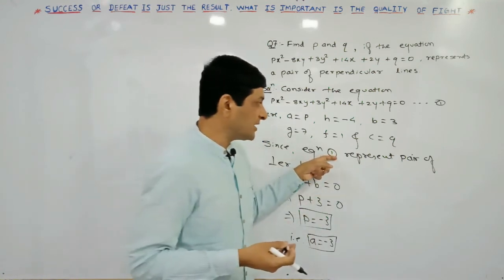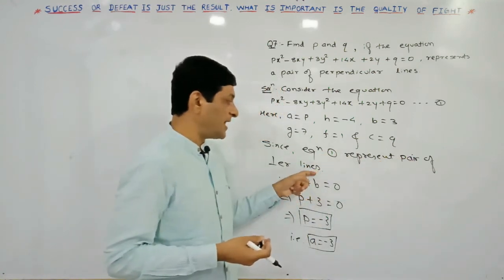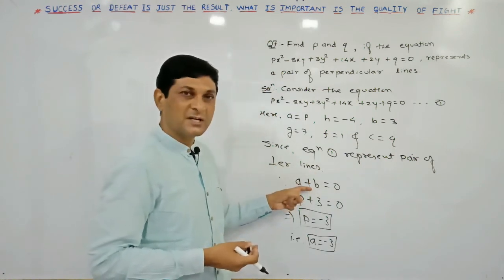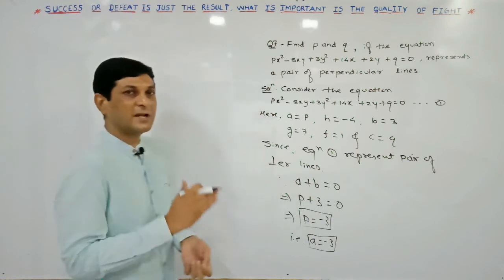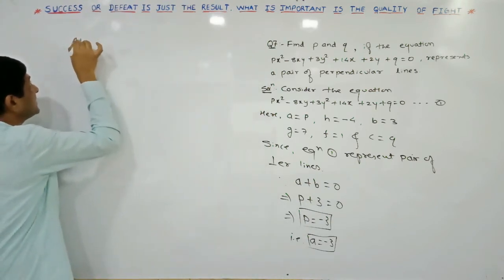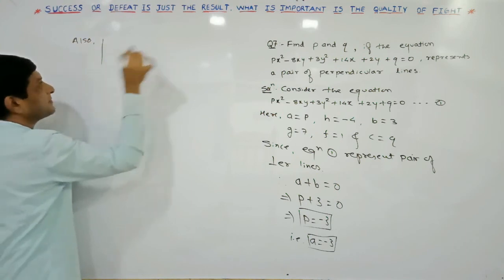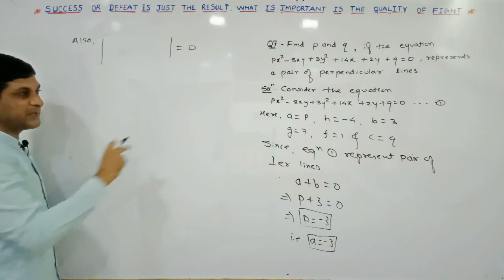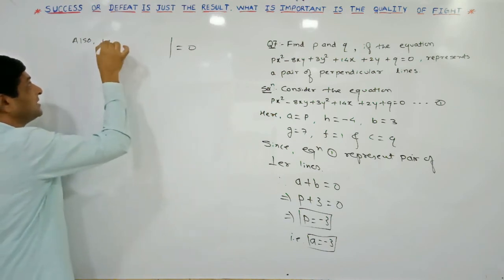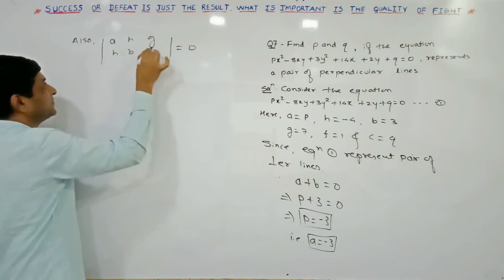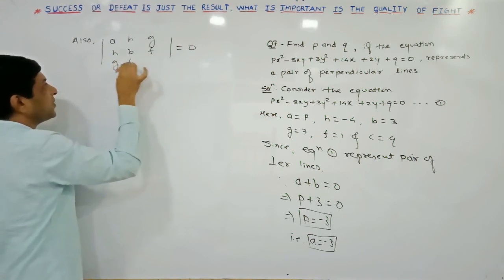Because this equation represents a pair of lines, and even these lines are perpendicular also. That's why we have used the condition for lines to be perpendicular. If this equation first represents a pair of lines, then the value of the discriminant will be equal to 0. This determinant is also called the discriminant of this equation.